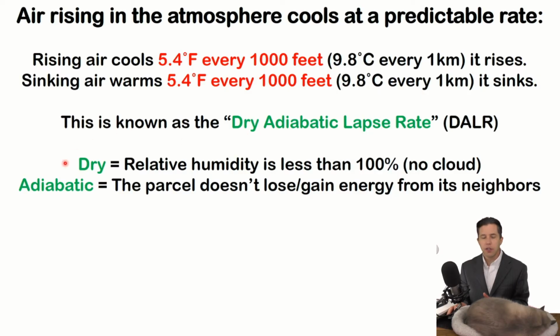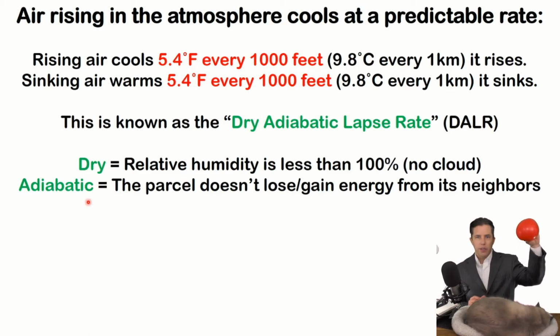And dry means that the relative humidity is less than 100%, meaning you're not in a cloud. So these numbers are valid for air moving up and down the atmosphere as long as it's not in a cloud. Adiabatic is a little bit harder to understand, but if this is my air parcel as it rises up or down in the atmosphere, remember it can change its temperature.